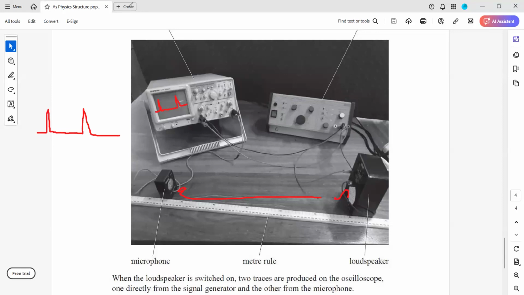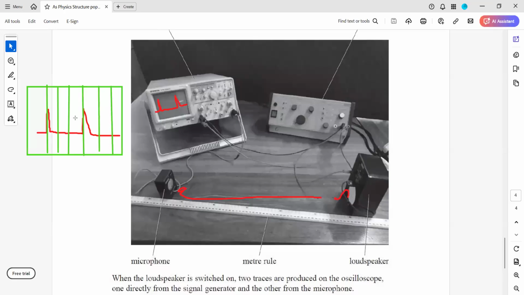For a CRO, a cathode ray oscilloscope, we have this grid and we have the labels as well. For example, one division stands for 10 milliseconds or 15 milliseconds or 30 milliseconds. So this is the grid of the CRO.